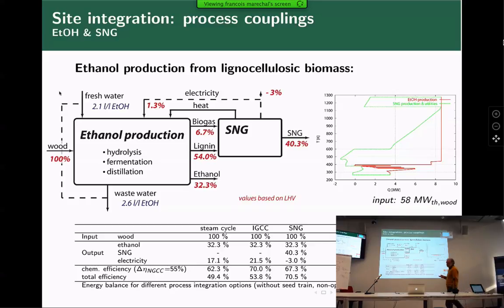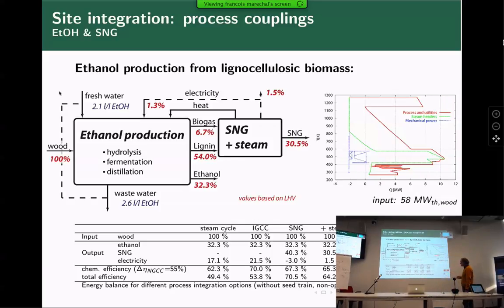And I can even optimize the system by integrating the steam. But look at what happened here: if I'm producing steam to export electricity, so I'm producing more electricity here, what is happening is that I'm producing less synthetic natural gas. And the reason for this is that the heat from the synthetic natural gas here is used by the ethanol production.